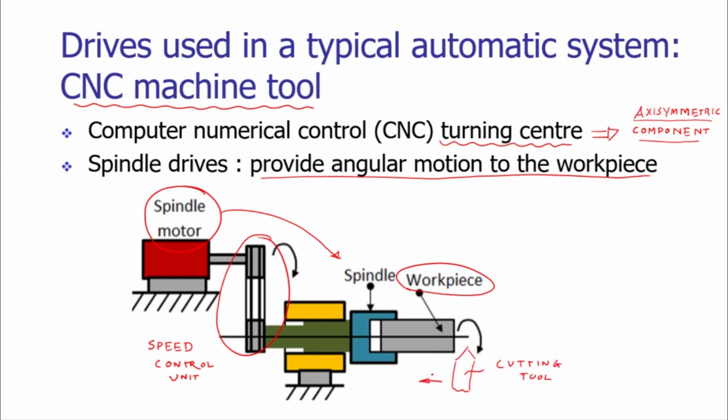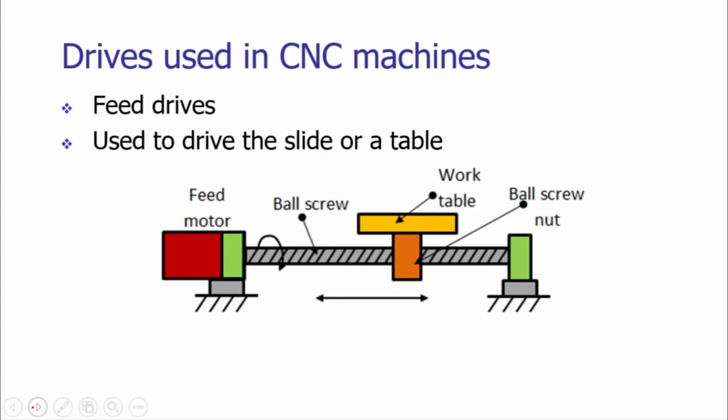When we have the relative motion of the cutting tool with respect to the workpiece, we reduce the diameter of the workpiece during this operation. To produce this angular motion of the workpiece, we require power, and that power is provided by the electric motor. The next application of a drive is for feeding the workpiece to the tool.